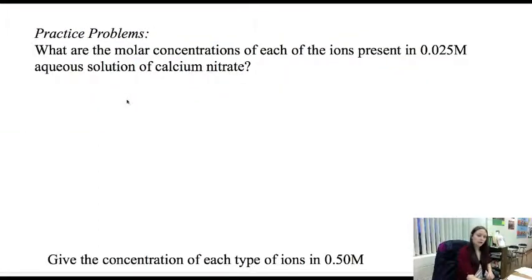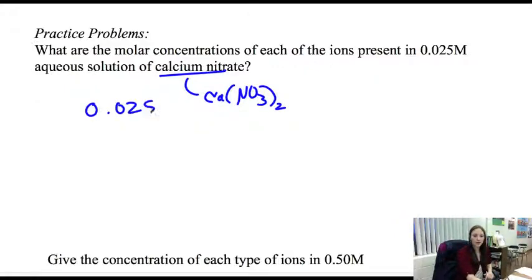What are the molar concentrations of each of the ions present in a 0.025 molar aqueous solution of calcium nitrate? Calcium nitrate is Ca(NO3)2 because the Ca is a 2 plus. The overall concentration is 0.025. I don't know what the concentration of each ion is. Well, I have 1 calcium ion there, so I'm going to have 0.025 molar concentration of Ca2 plus.